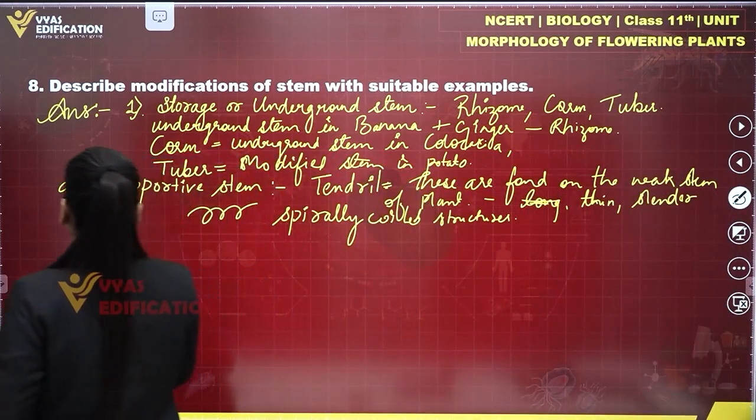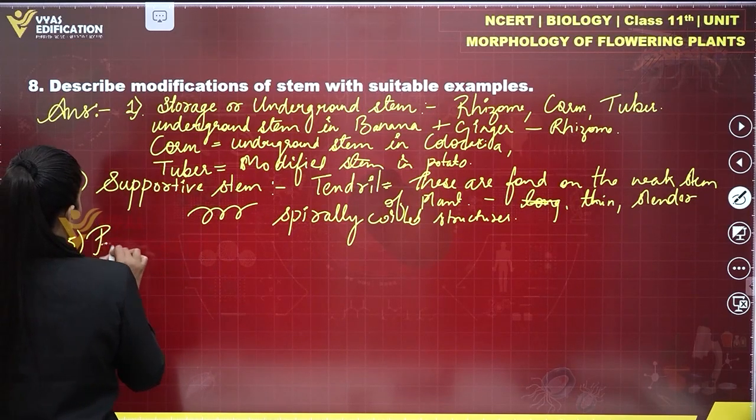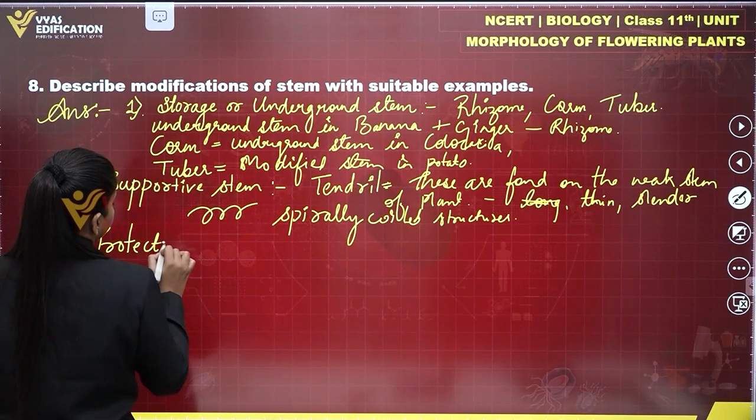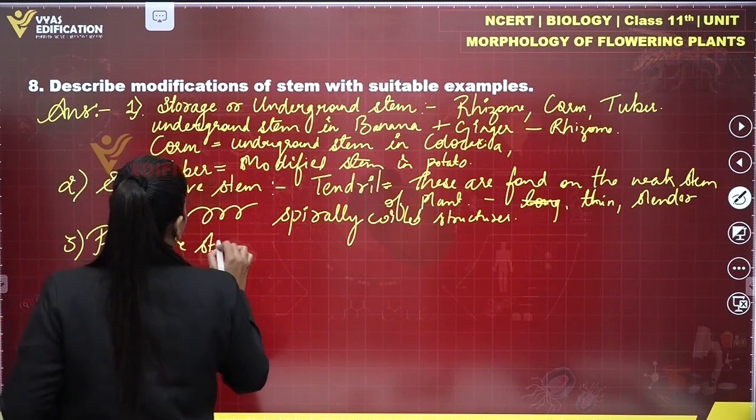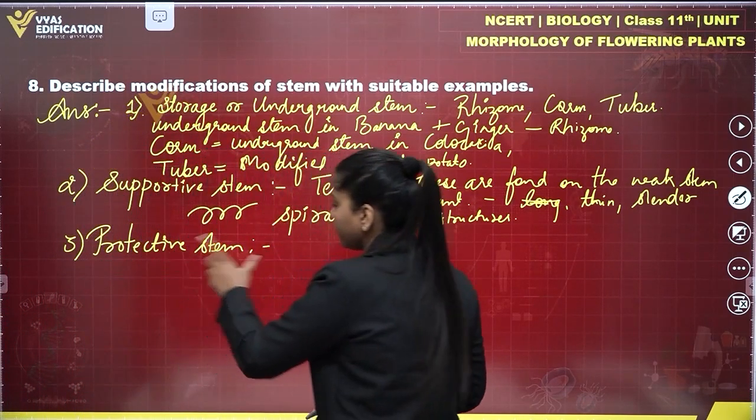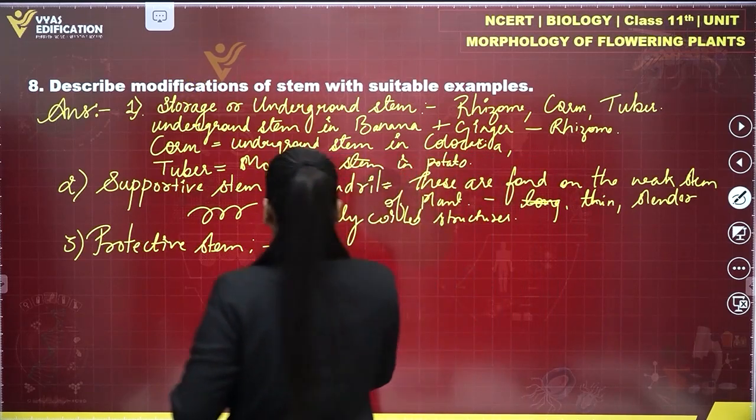Then the next type of modification we have is the protective stem. For this we have the example of thorn.